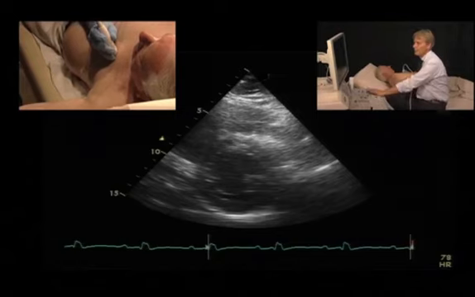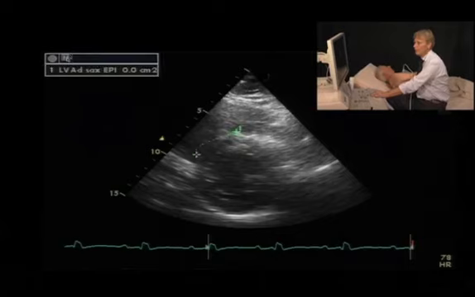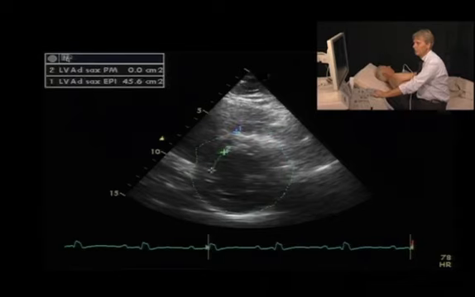You would freeze the image at end diastole again, and then you would contour the left ventricle first on the outside, on the epicardial surface, not into the pericardium, and then on the inside, where you would just transverse the papillary muscle.